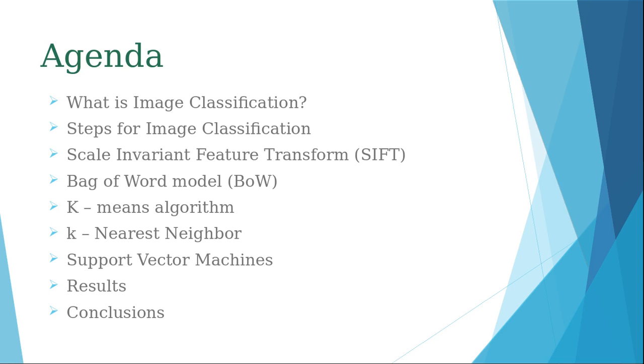For feature extraction, I have used scale invariant feature transform with bag of word model to represent the images in the training dataset. Then for clustering, I have used k-means algorithm, and then I will be explaining about two different classifiers, that is k-nearest neighbor and support vector machines, and then I will go through the results and demo and then the conclusions.